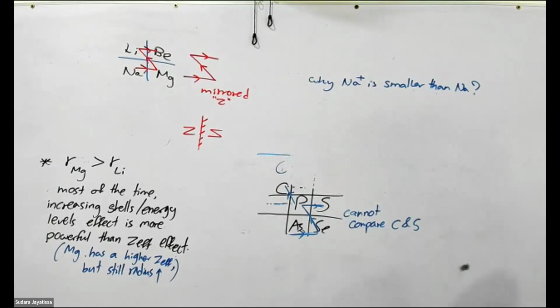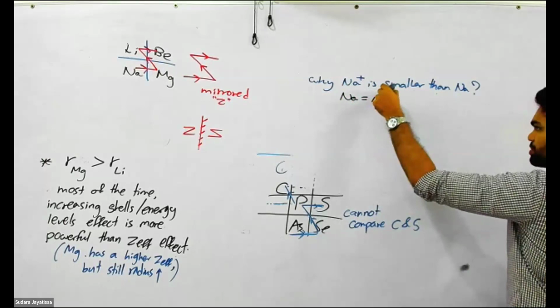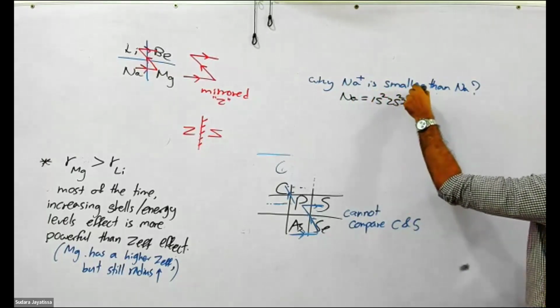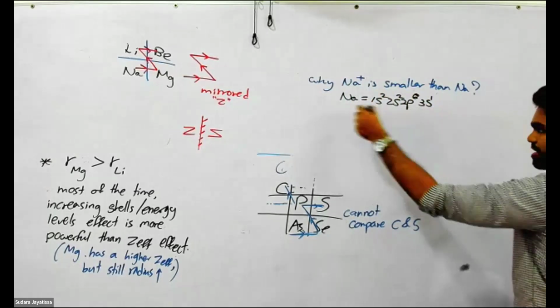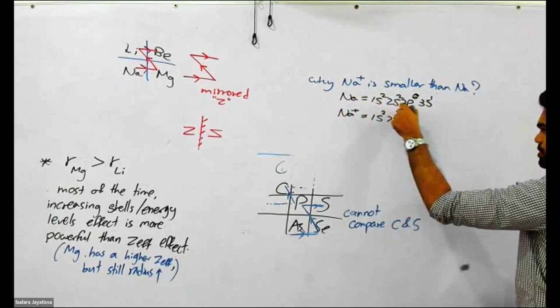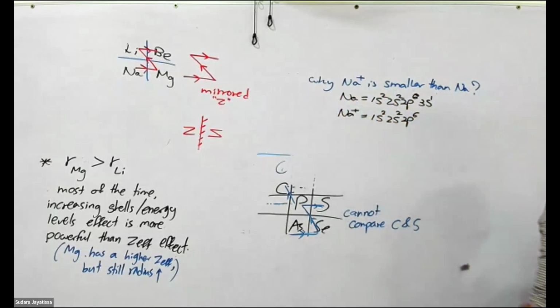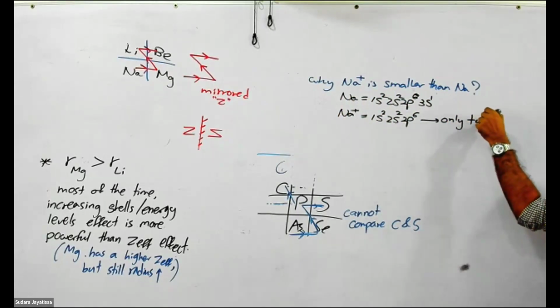Lowering of energy levels. You can write the configurations and explain. Sodium is 1s2, 2s2, 2p6, 3s1, and sodium plus is 1s2, 2s2, 2p6. You have to say that sodium plus has only two energy levels.